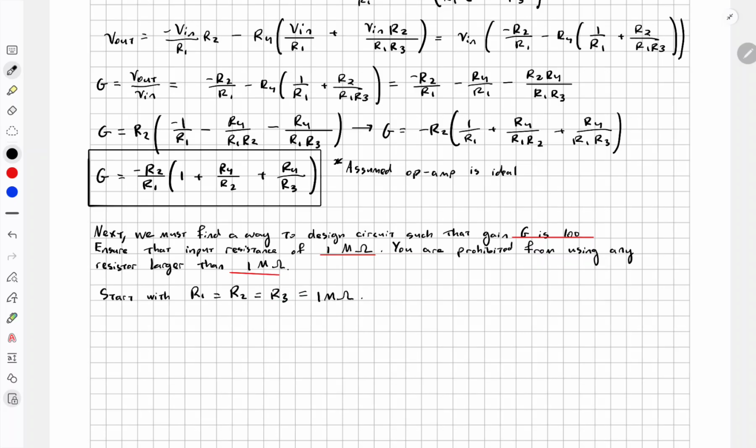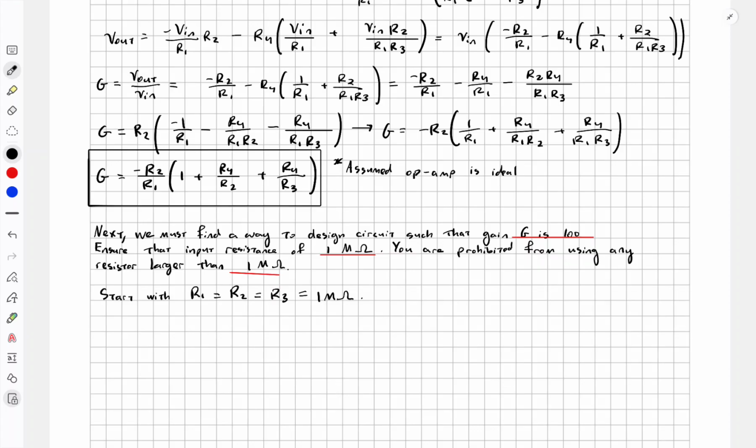We're not allowed to exceed 1 mega ohm, so we start with the maximum allowed value. Maybe this will work, maybe it does not, we'll find out. According to the textbook, this works, I think. So let's see what happens.